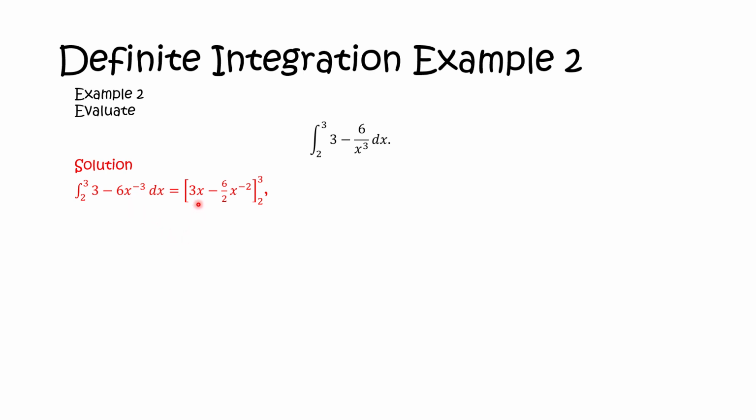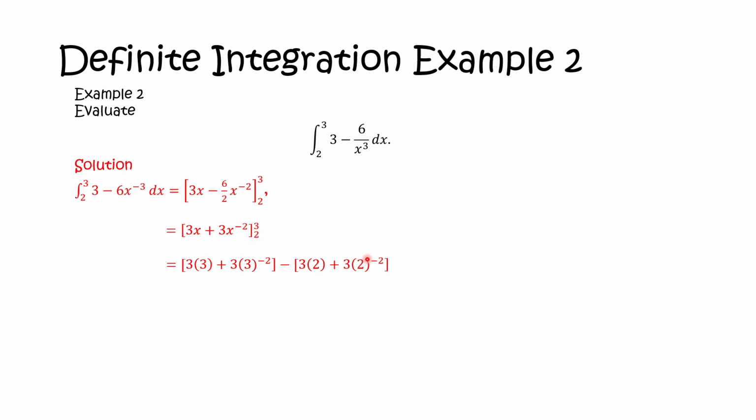And integrating that, we would get 3x minus 6 over 2, x to the power minus 2. So let's keep the limits outside for now, so that we have 3x plus 3x to the power minus 2 having our limits. The next step is to substitute for x with our limits, starting with the upper limit, which is 3 in this case.